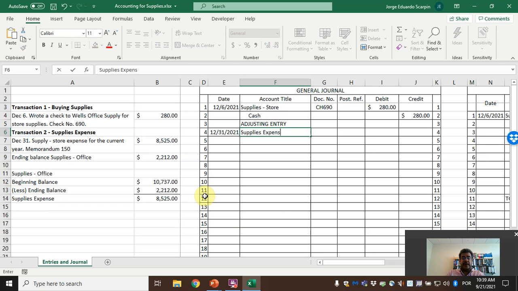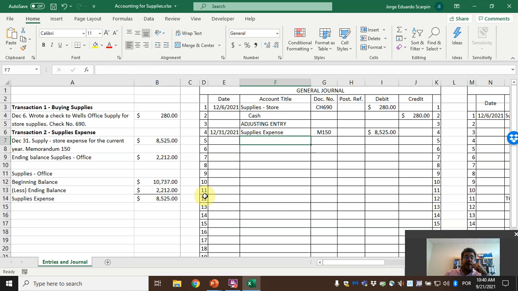Supplies expense, memorandum 150, our debit. And why is supplies expense our debit? Because expense decreases our net income. Net income is an equity account, so decreasing an equity account is a debit.